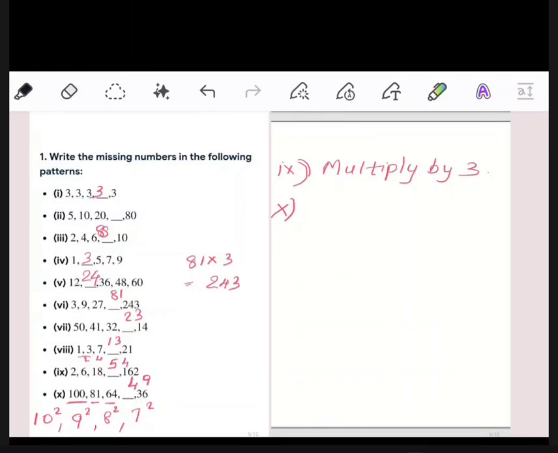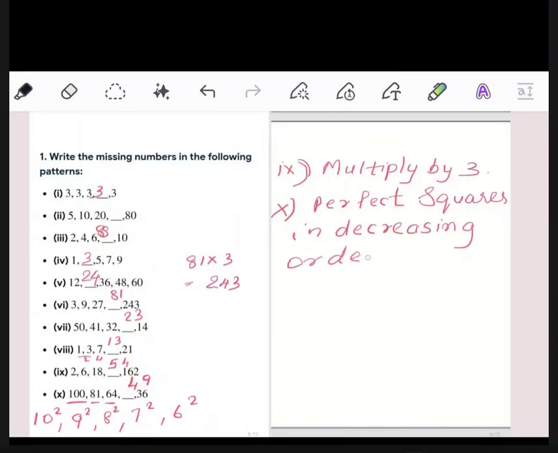Yes. Next, the number is 36, so 6 squared. So these are perfect squares in decreasing order. The rule is perfect squares in decreasing order. Okay?